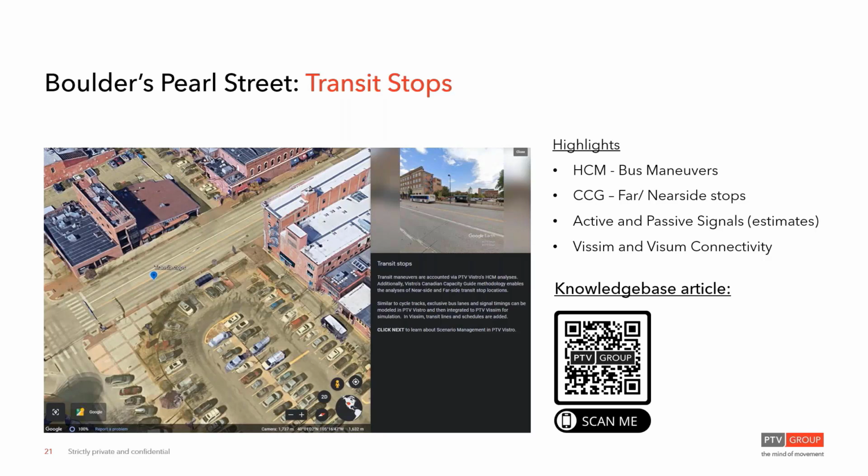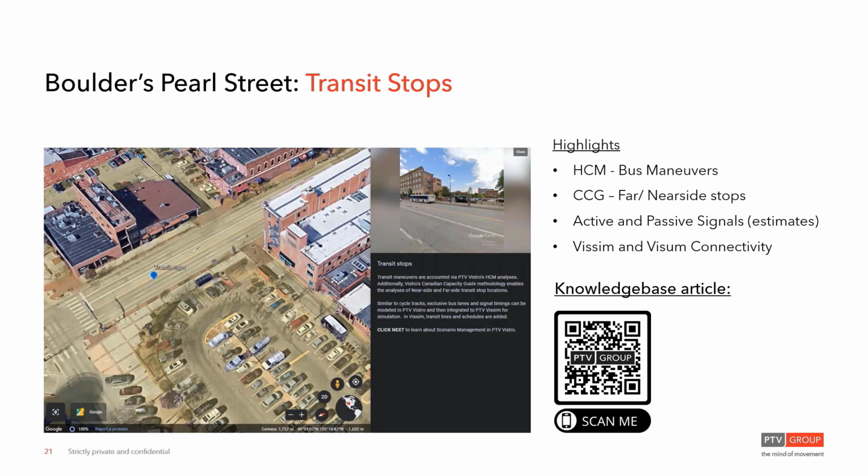But within Vistro, HCM calculations can represent the bus maneuvers that you can experience at a signalized intersection. But if you want to dive in maybe a little bit deeper into the impacts of a bus stop, the Canadian Capacity Guide analysis has both far and near side stop configurations.